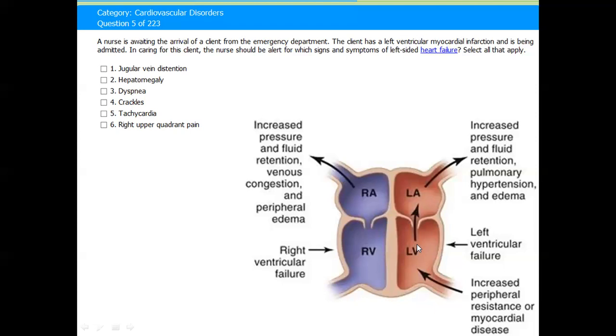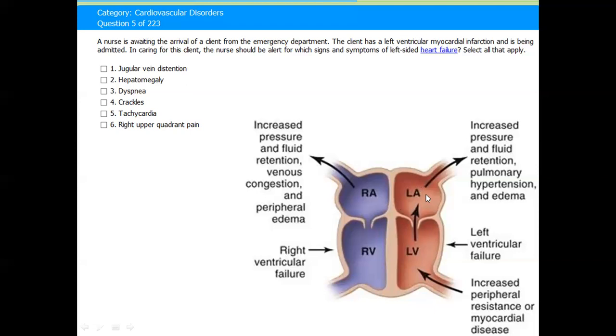But when left side heart failure occurs, blood does not go to the aorta and the body; blood goes in a retro direction. Retro means backflow. So blood does not go forward from the left ventricle to the aorta. Blood goes from the left ventricle back to the left atria.